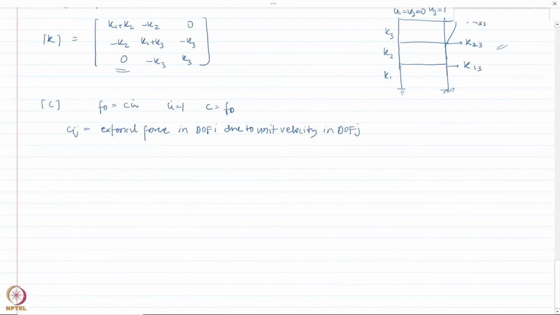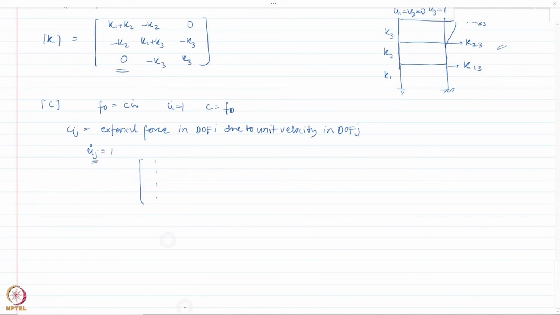We apply u dot j, the velocity at the jth degree of freedom, equal to 1, while keeping velocity at the other degrees of freedom equal to 0, and then find the forces that are needed to maintain that velocity profile, and that gives me the column for that particular degree of freedom j.